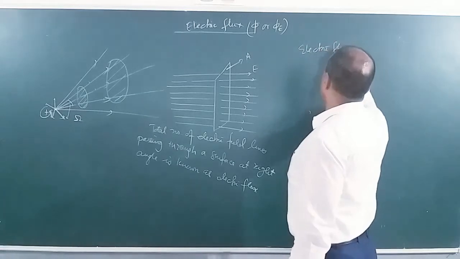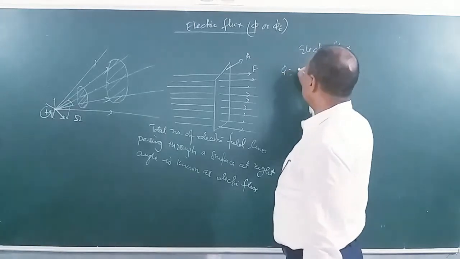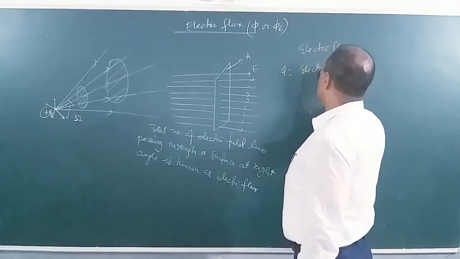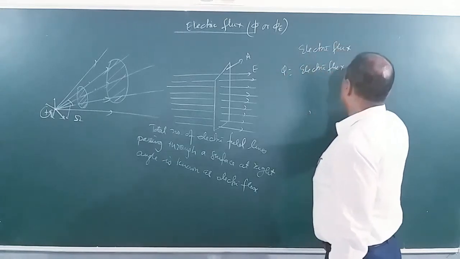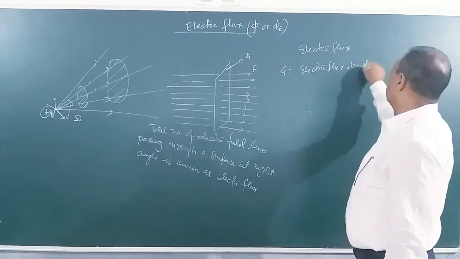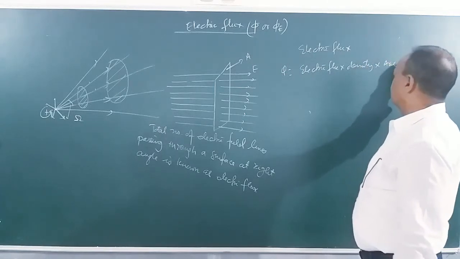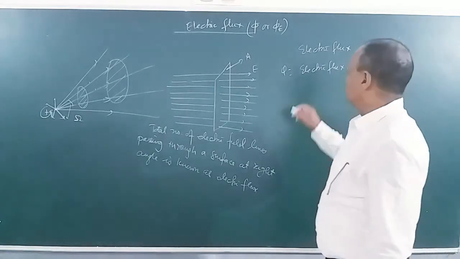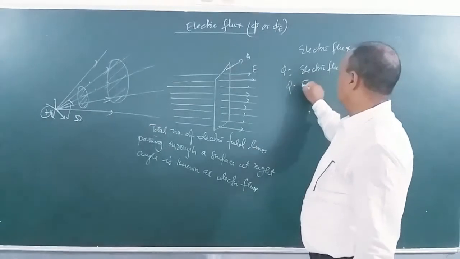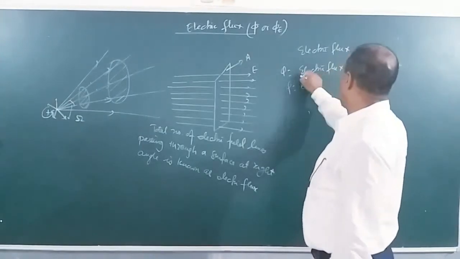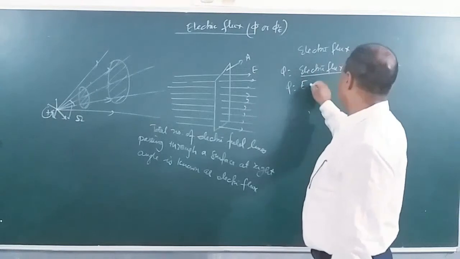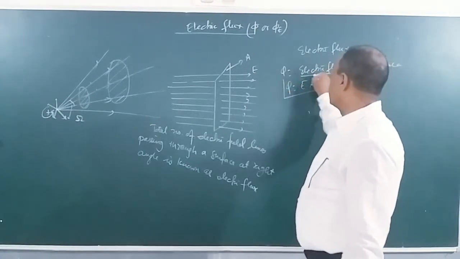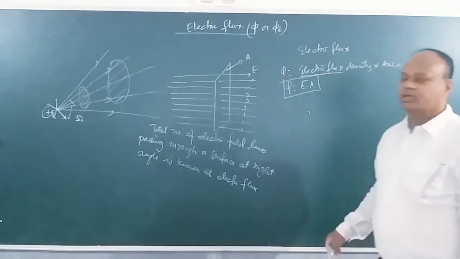Electric flux will be electric flux density into area. So phi is equal to E into A. So we got a formula for electric flux: phi equals E into A.